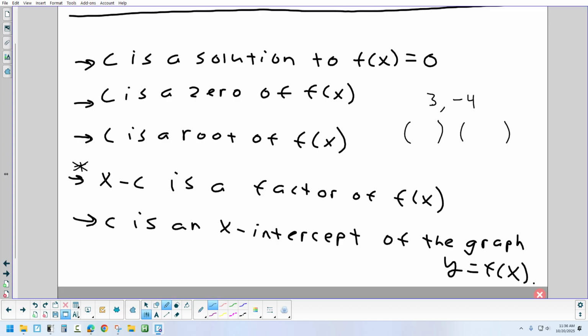Could you repeat that, please? So what would be a factor you could write down that you could plug 3 into and the answer would come out to 0? I still don't know if I understand.